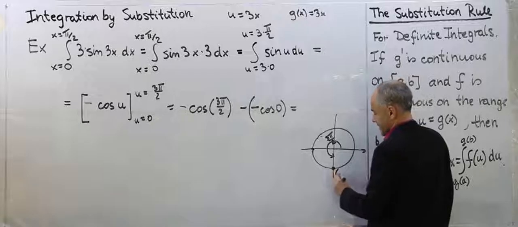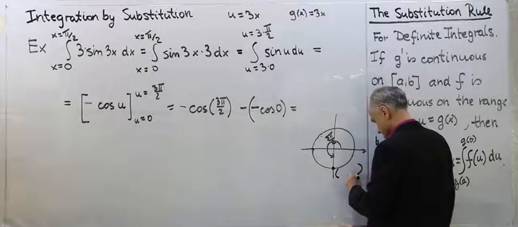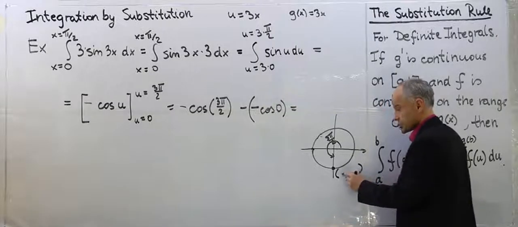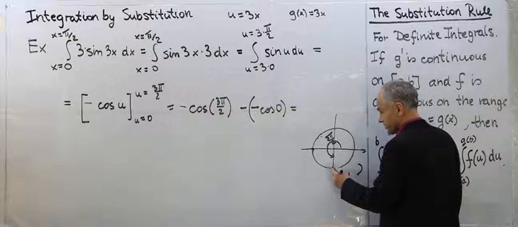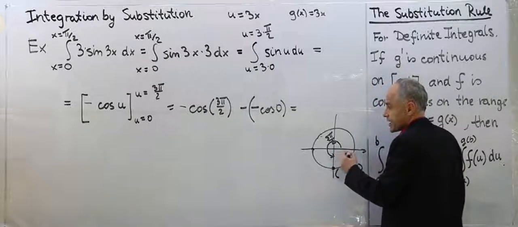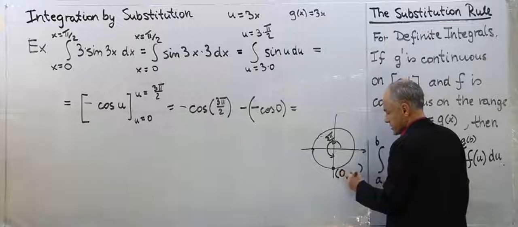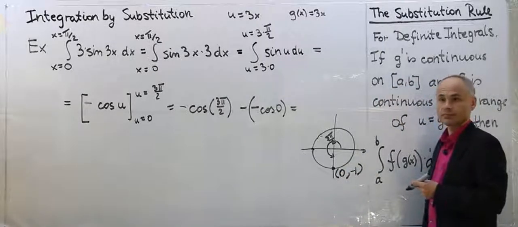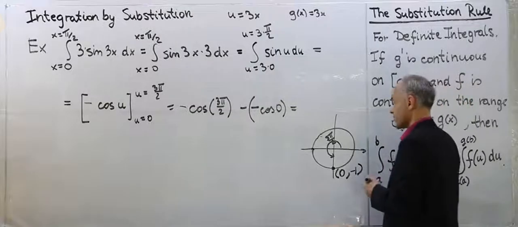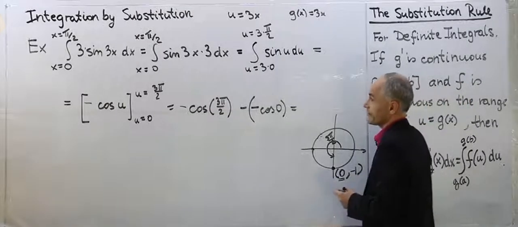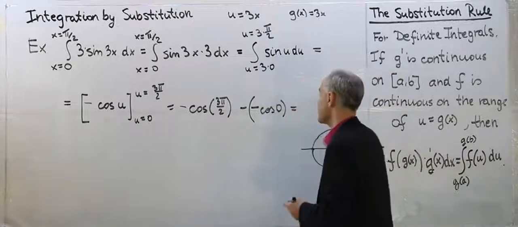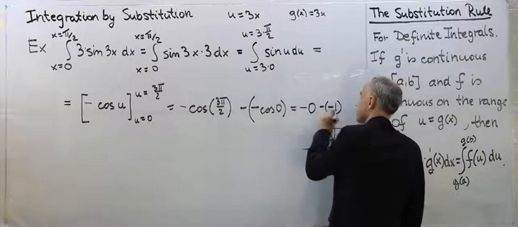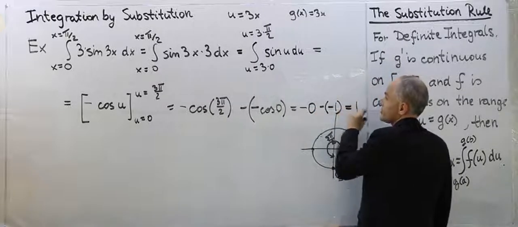And if that point has coordinates, what are the coordinates for this point? Cosine of the angle and sine of the angle, right? So in this case, the coordinates are 0, -1, and which one is cosine? It's the horizontal coordinate. So cosine of 3 pi divided by 2 is 0. And cosine of 0 is 1. So the answer is 1.